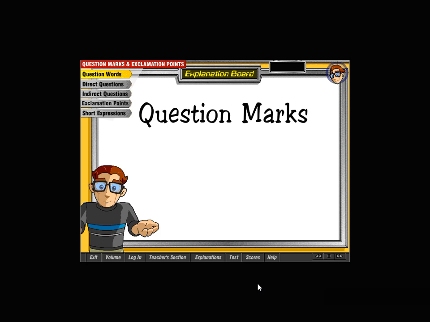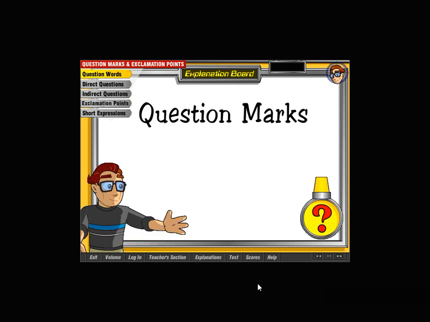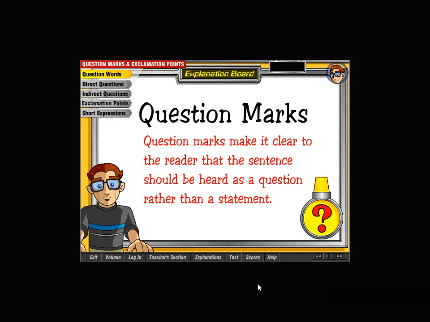What's a question mark? Well, to start with, a question mark is that piece of punctuation that looks like this. And what does it do? Well, it is usually placed at the end of sentences to make it clear to the reader that the sentence should be heard as a question rather than a statement.